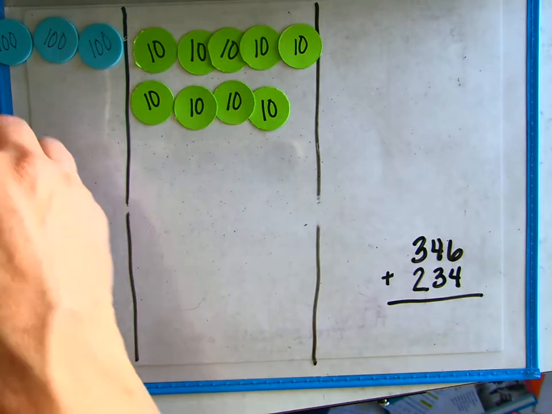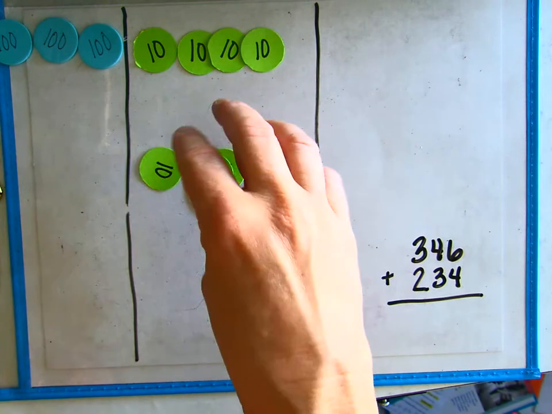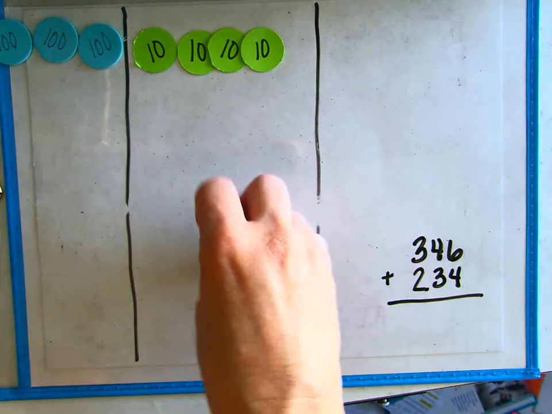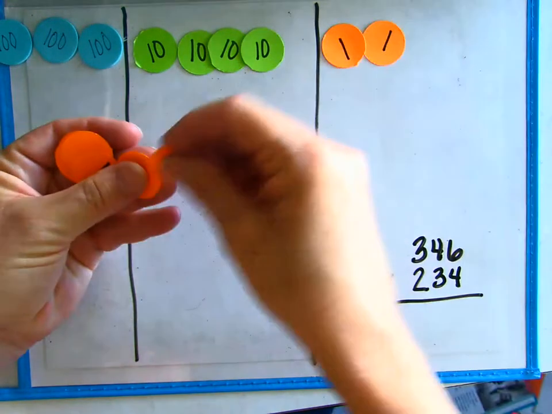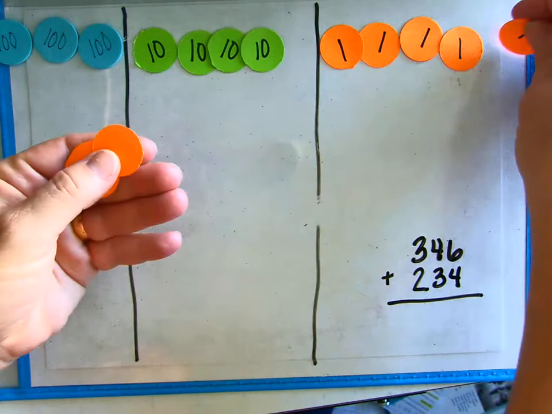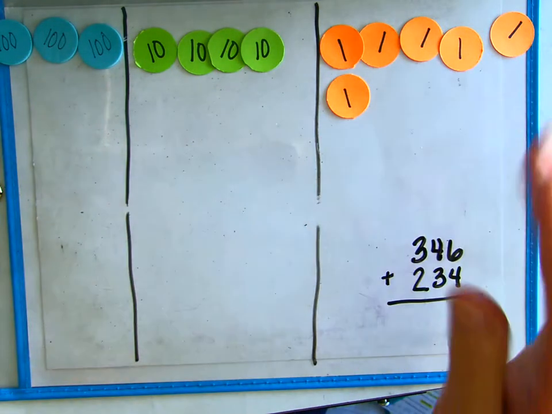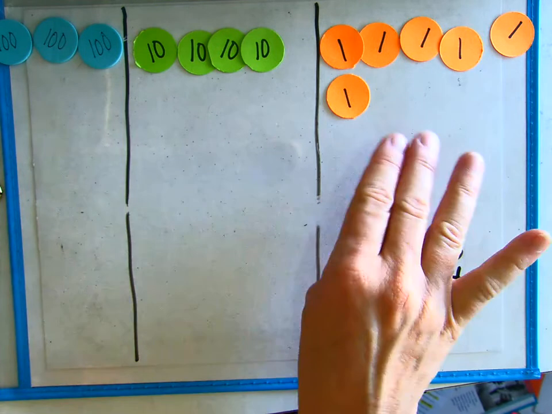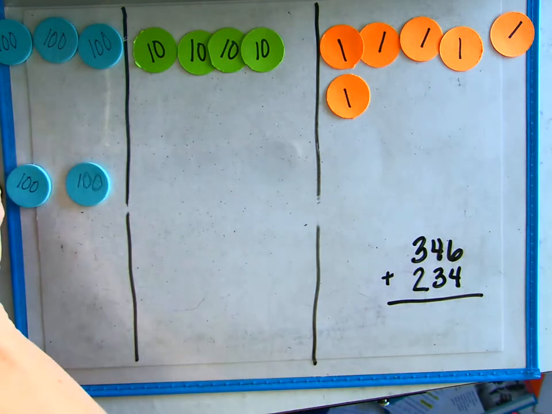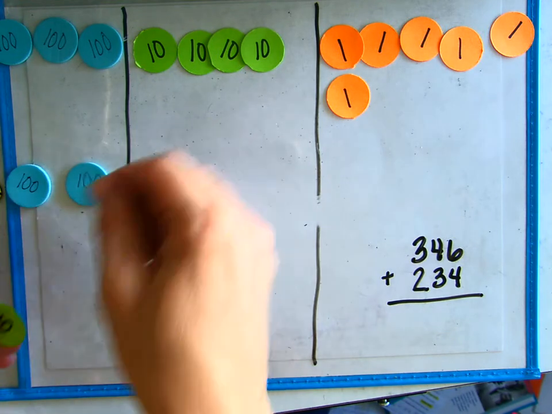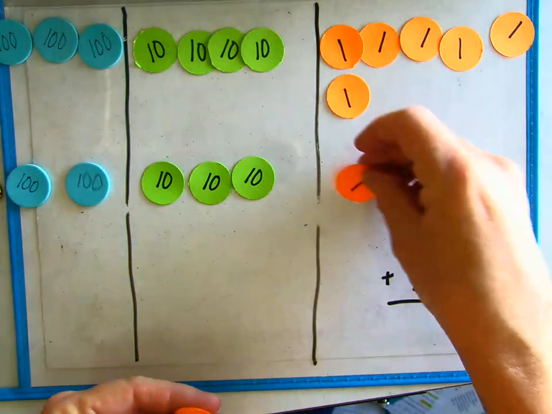So 300 and 4 tens and 6 ones. 346, and I'm going to add in 234. So that's 2 hundreds, 3 tens, and 4 ones.